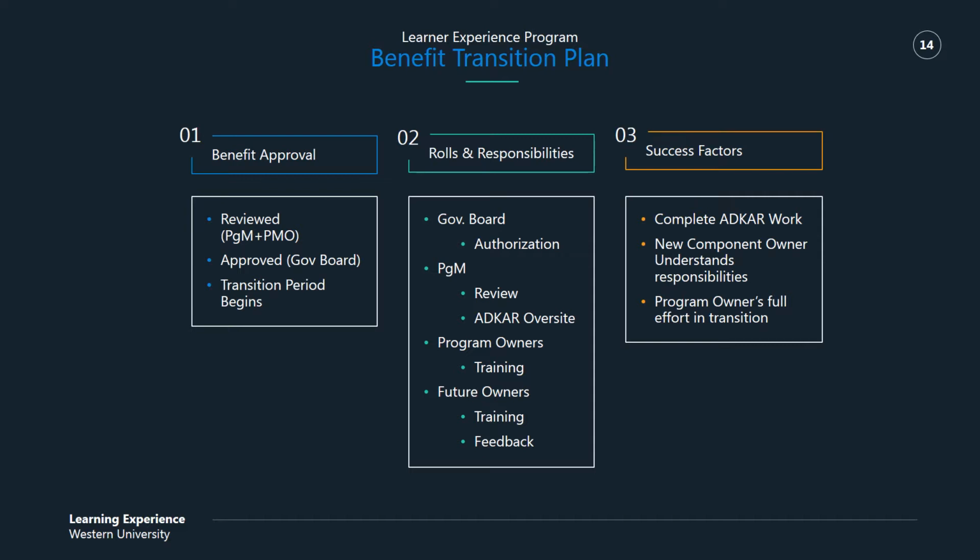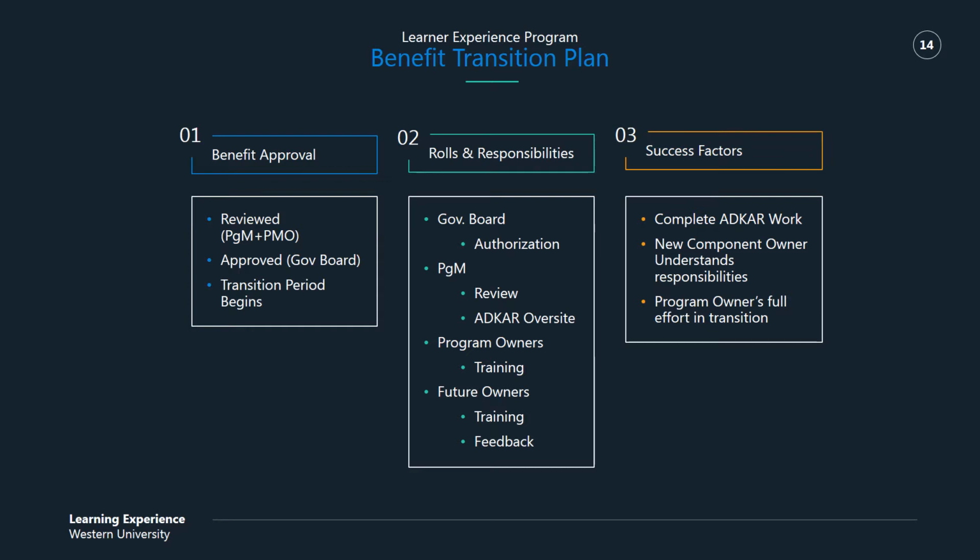Activities that will take place are the new owners of these benefits will be trained in the new ways of doing things. They'll start to take over those activities on their own and then use the current benefit owner as a resource for that transition. But like I said, we want to make sure that there are transition activities being conducted.